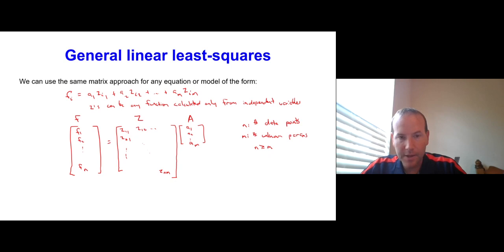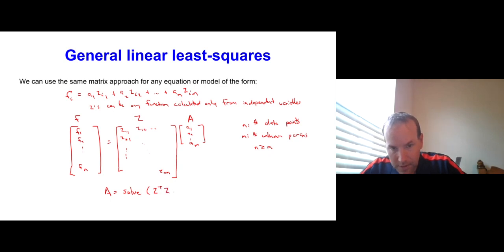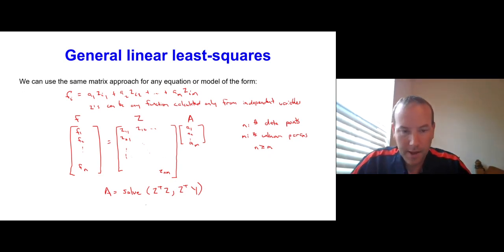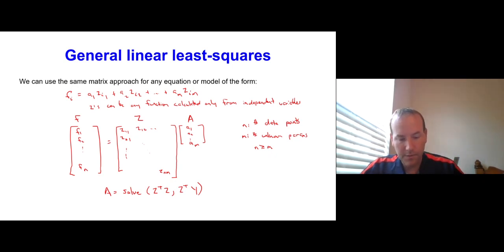And as long as we can cast it in this form, the Z's can be a variety of different things that let us solve their models. If we can satisfy those criteria, then A can be given by solve Z transpose Z, Z transpose Y. Basically there's some work in setting it up, but solving it is very simple and allows us to have a uniform solution.